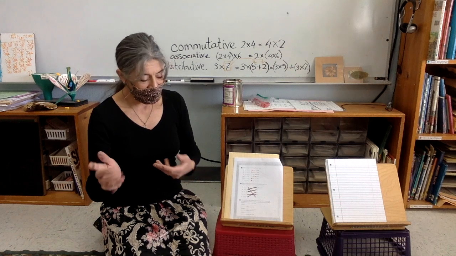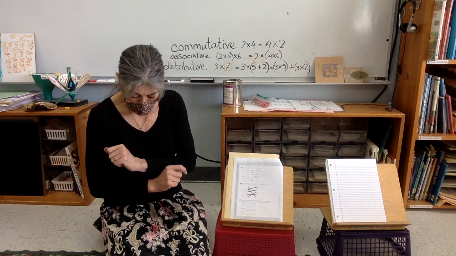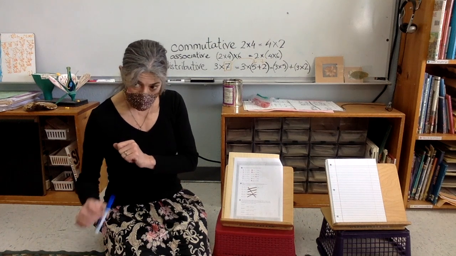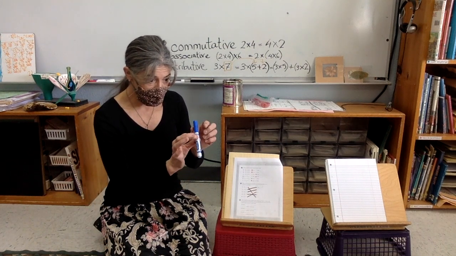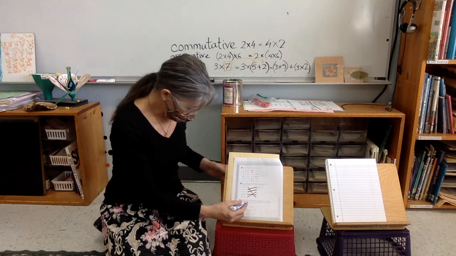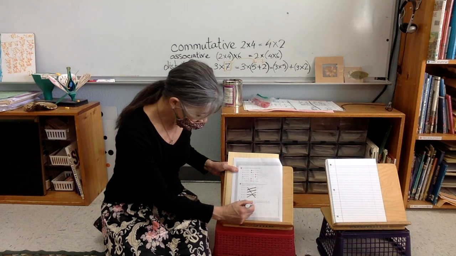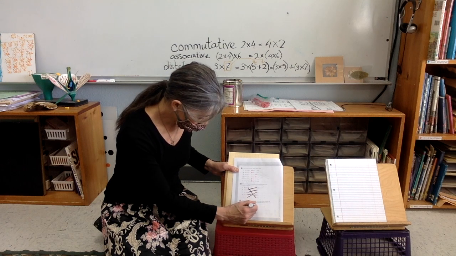5 by 5. Well, before we do, we need to write the equation. You're right, Griffin. So let's write the equation. We need to start with the dividend, which is what? 40. 40, thank you. Now what? Divided by 5. Equals.